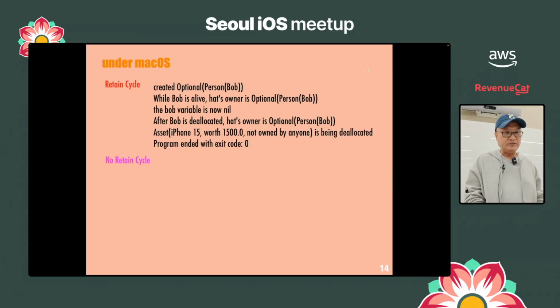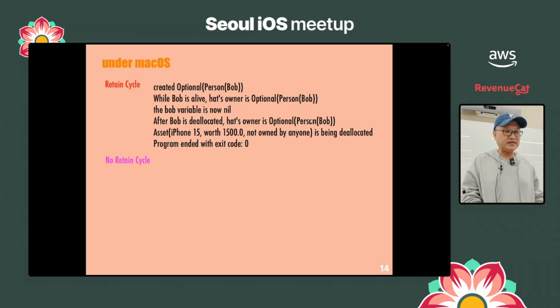As you can see, created optional person Bob, and while Bob is alive, head owner is optional person Bob. Yes, Bob is alive, that's why. And the Bob variable is now nil. After Bob is deallocated, head owner is still optional Bob.